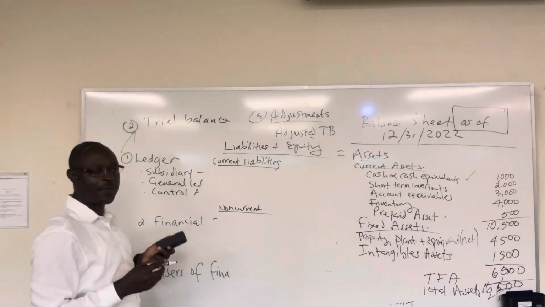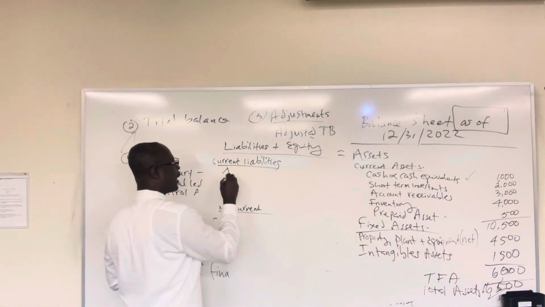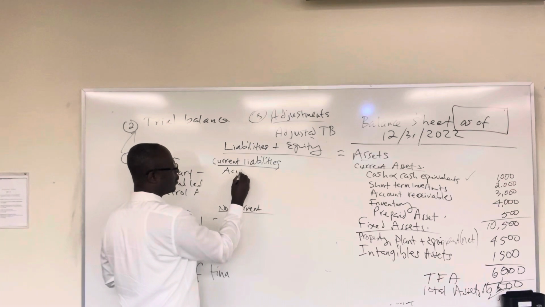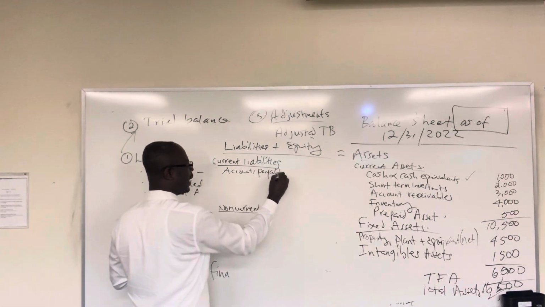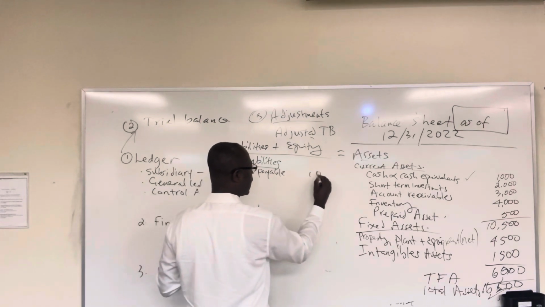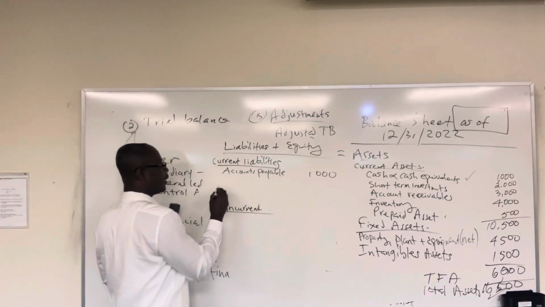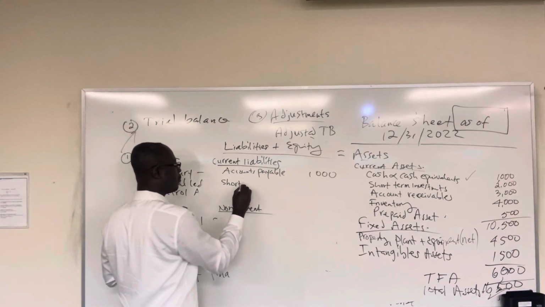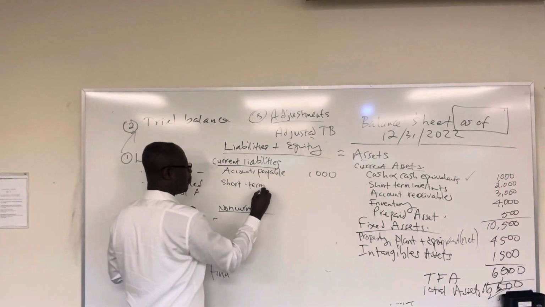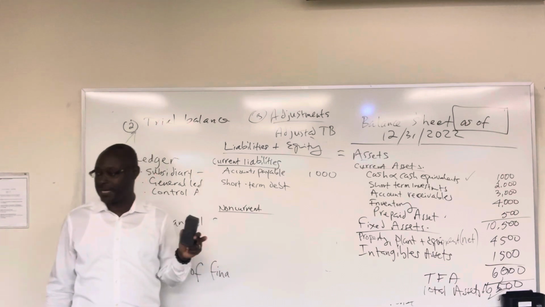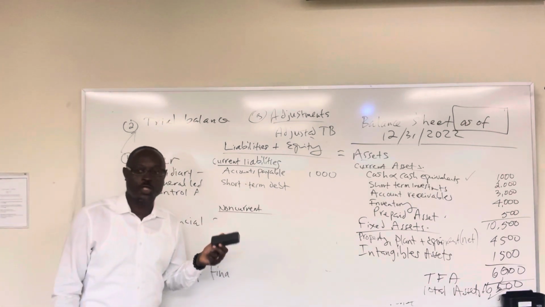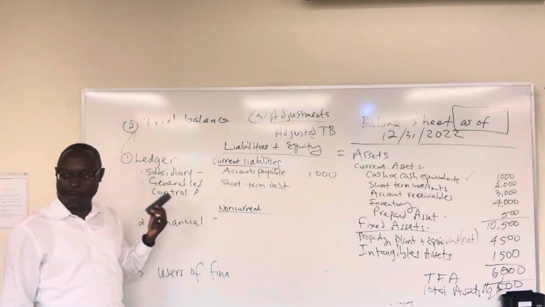So examples of current liabilities are accounts payable, also called AP, if you like. Let's say it's 1,000. And then short-term debt. That is debt that you have to pay within 12 months or less, like a short-term loan.